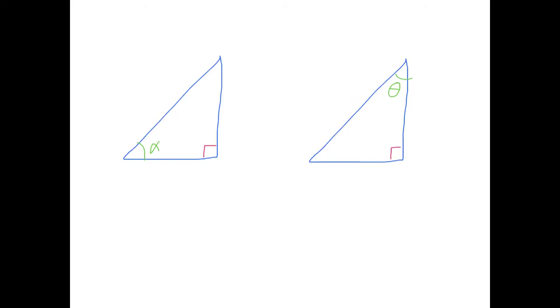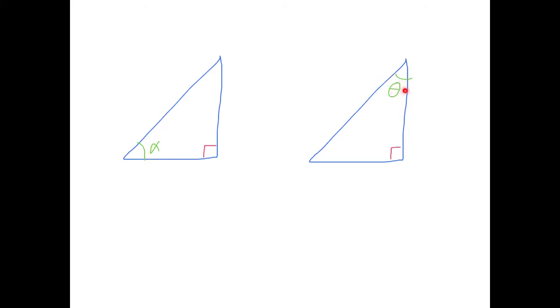So real quickly here, I want to remind you that it's really important to label the sides of a triangle, and if you do it incorrectly, it's really going to mess you up. In this triangle right here, you can see that we are focusing on angle alpha, whereas in this triangle we're focusing on angle theta up here. Remember, these are identical triangles, except in this one we're focusing on angle alpha, and in this one we're focusing on theta.